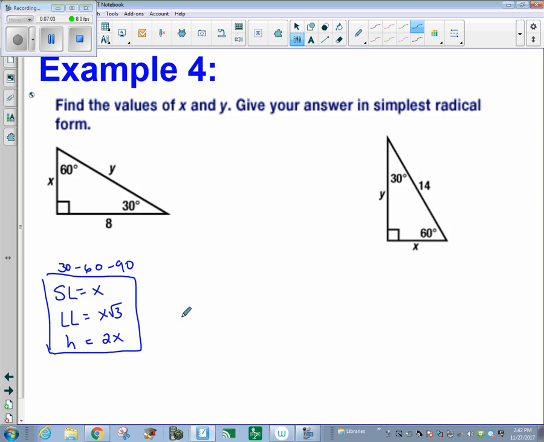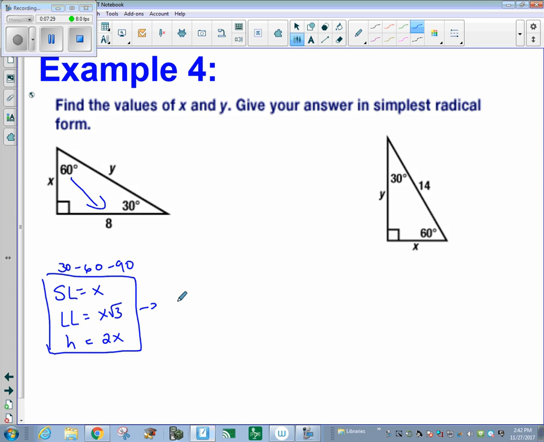We may not be able to go through Pythagorean theorem to solve it, so we just need to remember these shortcuts. In this case, I gave you that the long leg, because I can see that it's opposite the 60-degree angle, the long leg is 8. So in that case, I'd use this equation to find x, which would give me the short leg.